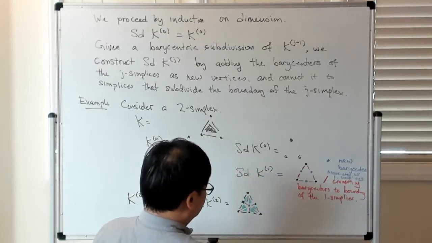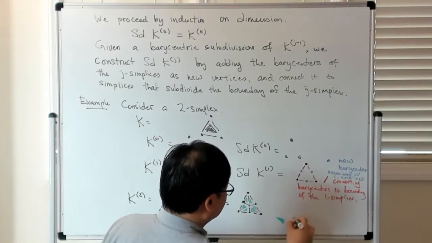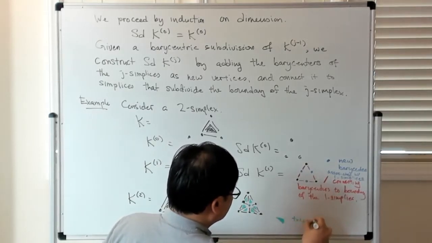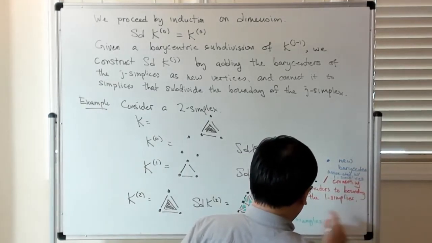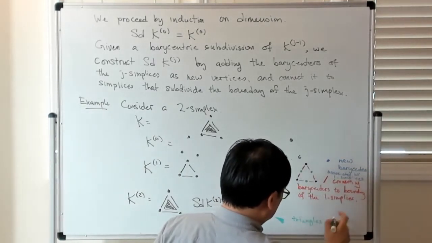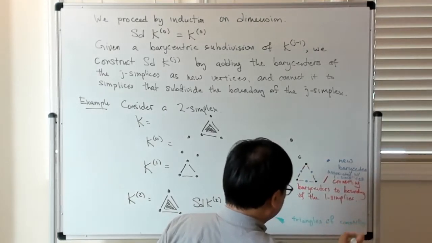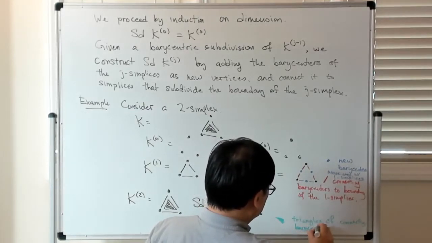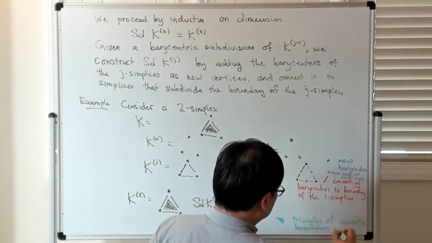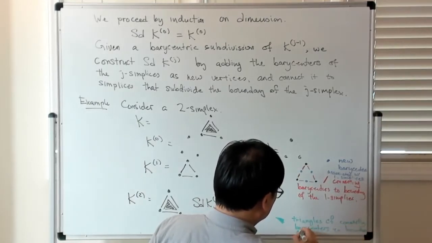So again, this is just the triangles, which come from connecting barycenters to the boundary edge of the 2 simplex.